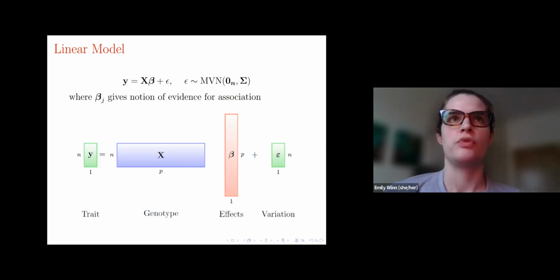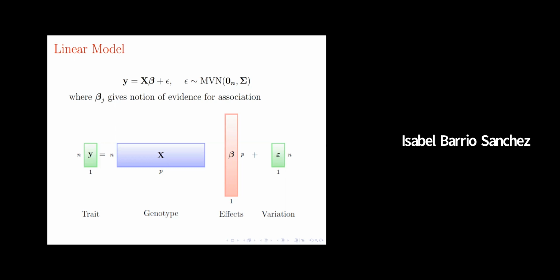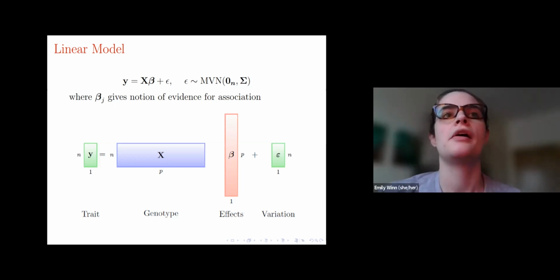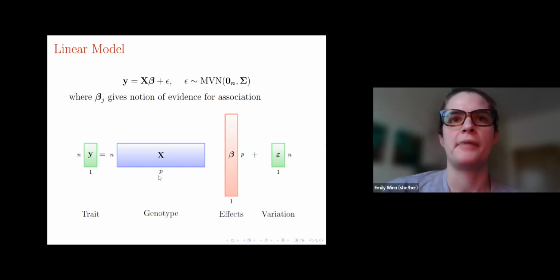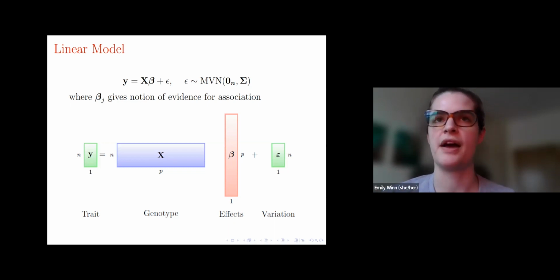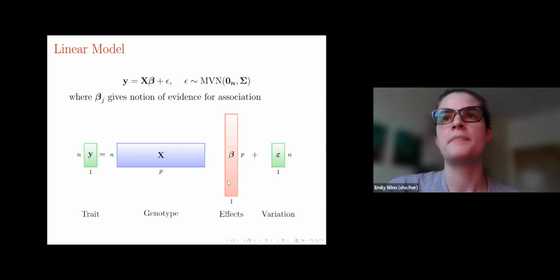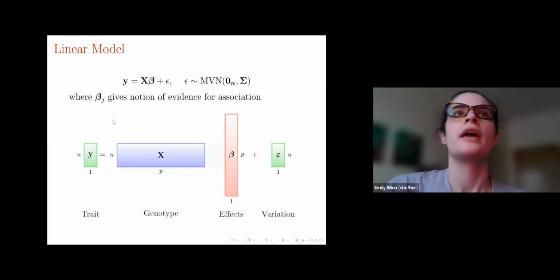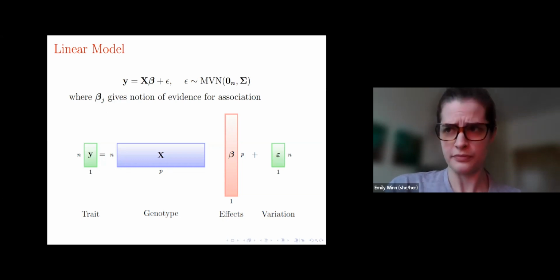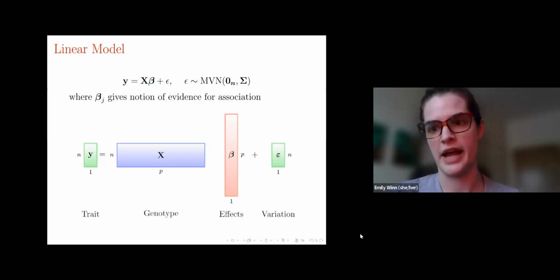So here's a visual of what the matrices all look like. We have a trait y, genotype n by p. So this can be any data, but we're using genetics as an example. That's the perspective I'm coming from. And then the beta vector makes up the effects. And then beta j is the effect that the jth covariate has on the output y.